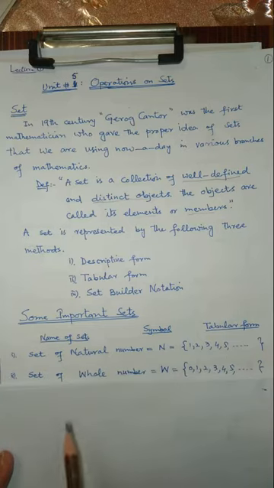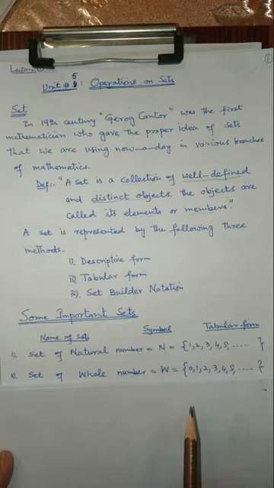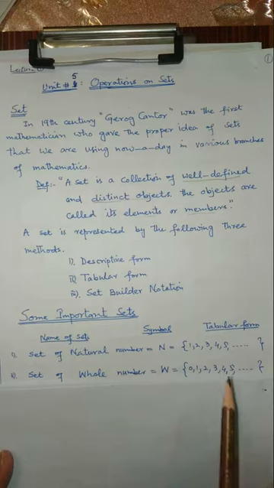The second is set of whole numbers, denoted by W, and it is represented by 0, 1, 2, 3. The difference between natural numbers and whole numbers is only 0. The natural numbers start from 1 and so on, and the whole numbers start from 0, 1 and so on.